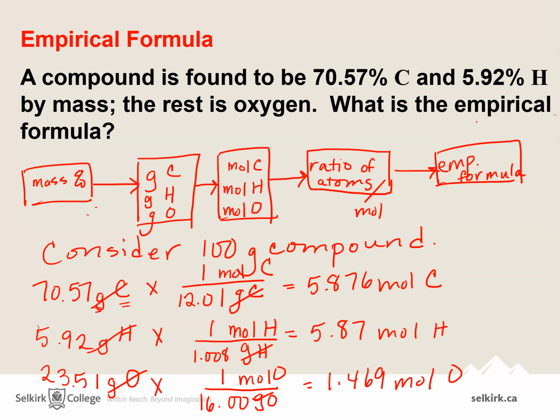The numbers I have right now aren't integers, and in every formula you've ever seen, we're representing an integral number of atoms. So what I'm going to do is take those moles and make a ratio, and turn it into a ratio of small whole numbers like a formula has.